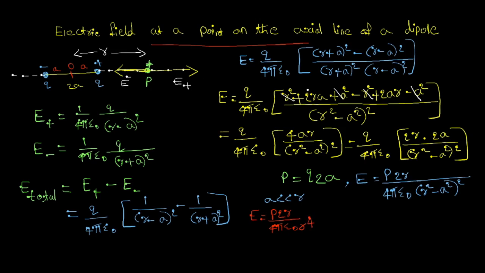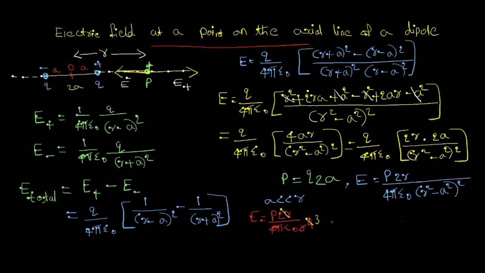The next step, we cancel this r and one of these r. So we get the equation of electric field intensity at a point P due to a dipole: E is equal to 1 by 4 pi epsilon 0 into 2p divided by r cube.